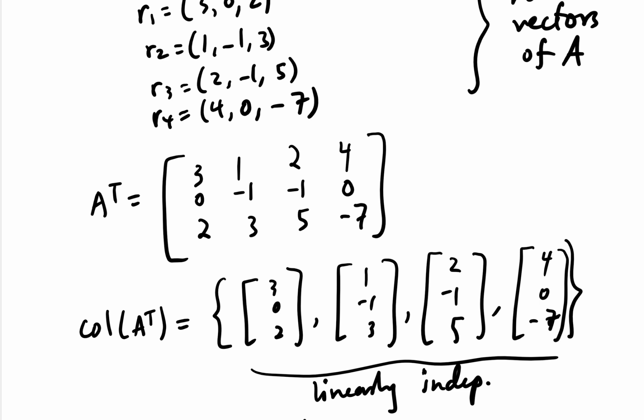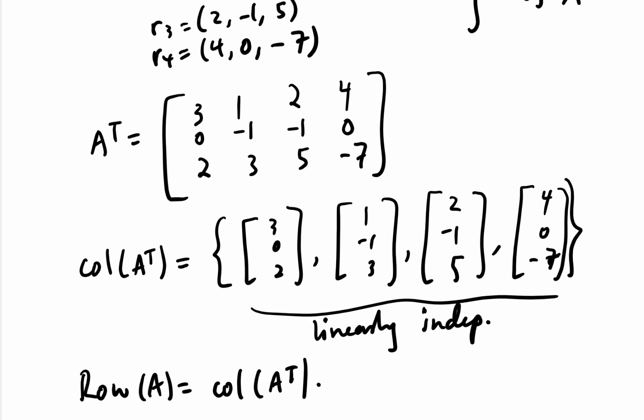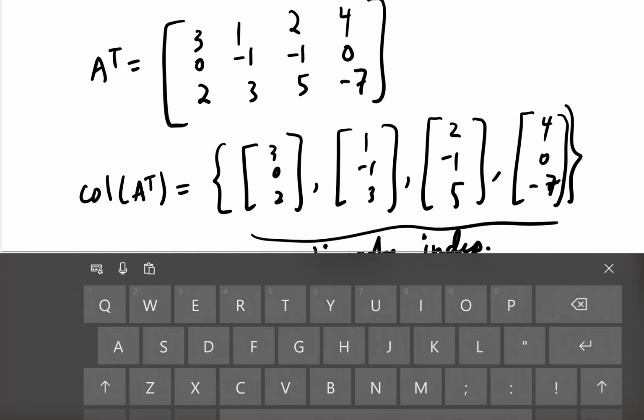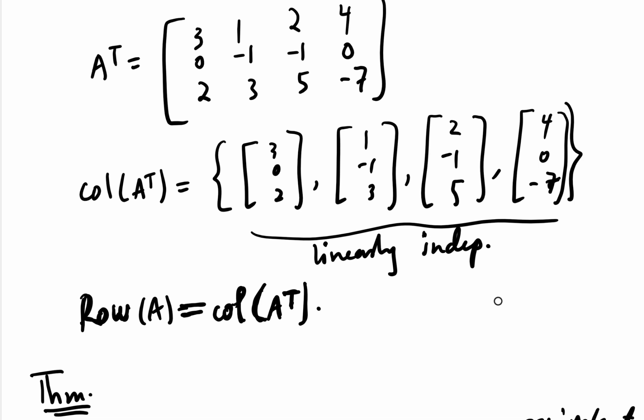This column space of A transpose is going to be the row space of A we're looking for. Any questions up to this point?